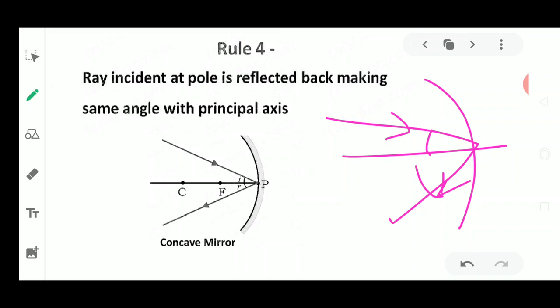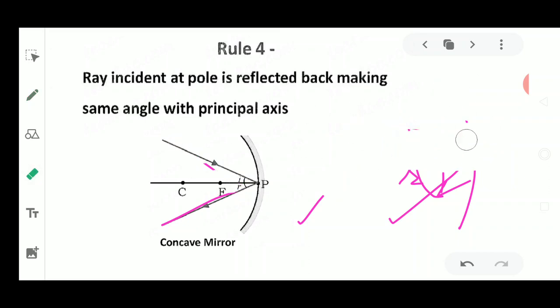So these two angles will be equal, I and R. This diagram shows that whenever light is incident obliquely on the pole, it is reflected obliquely, making the same angles. So this is about the fourth rule used in the concave mirror.